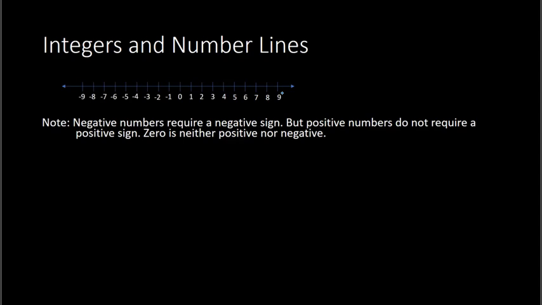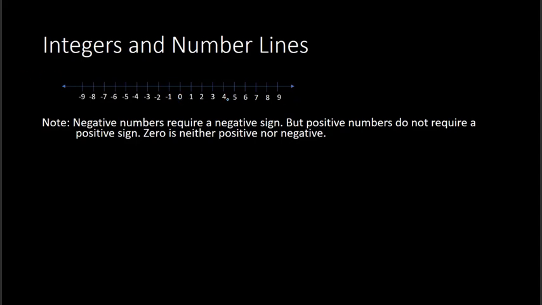Just take note that with the negative numbers, we do need a negative sign to represent that they are negative. But with positive numbers, we don't need a positive sign. And then 0 is neither positive nor negative. There's a special name for the 0 because everything is basically starting at 0 and working from there.